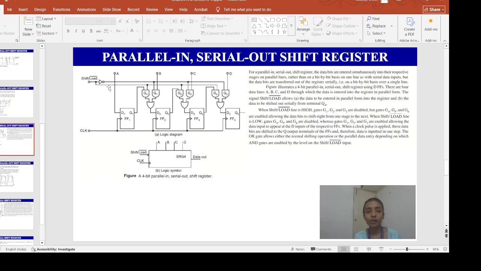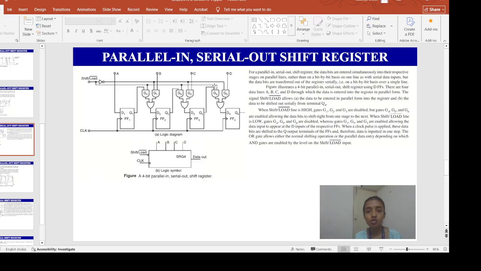All right. When this shift or load bar signal is high, what will happen? The gates G1, G2 and G3 will be disabled because you are giving 1, but ultimately they get 0 because there is an inverter over here.